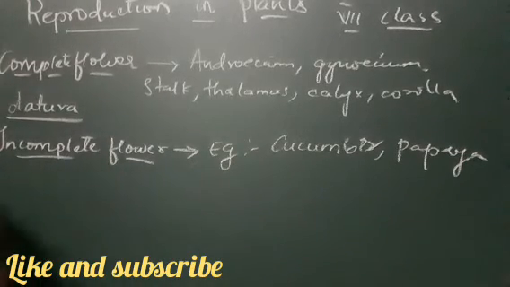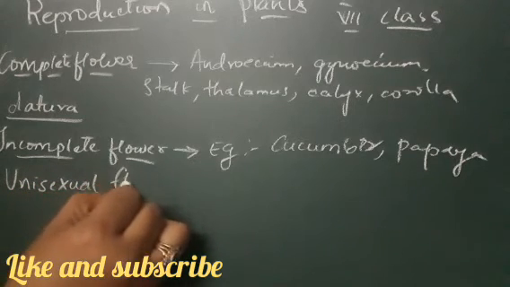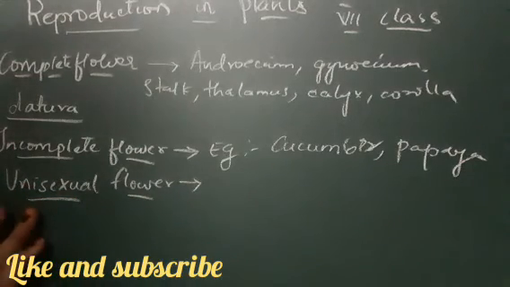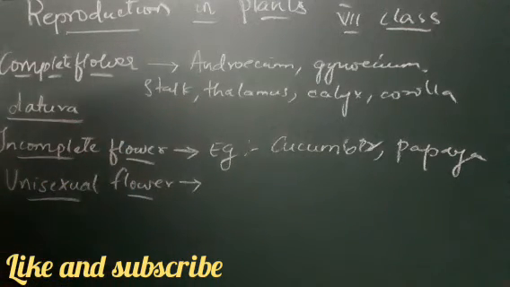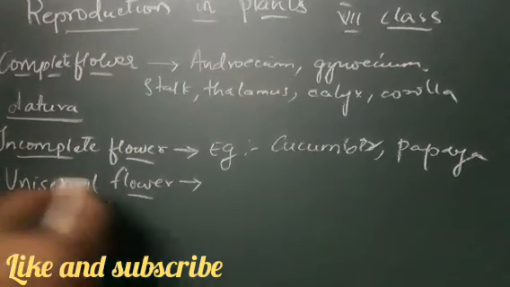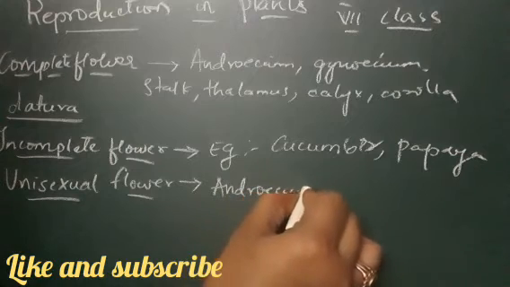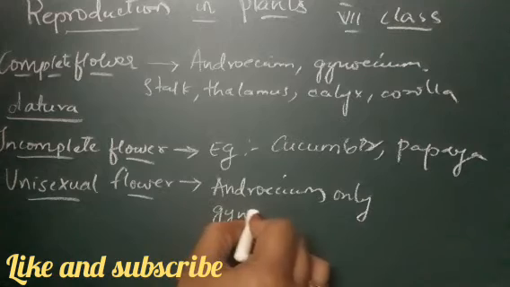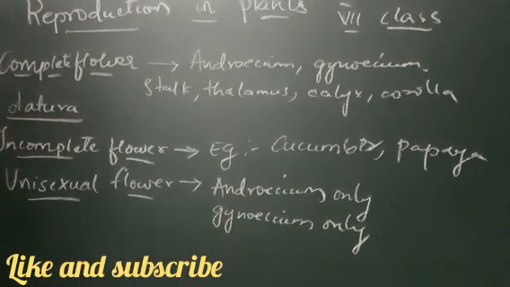Now we can say unisexual flower. What is a unisexual flower? A unisexual flower is a flower which has only one type of sex organ. That is, it may have either only androecium or only gynoecium.